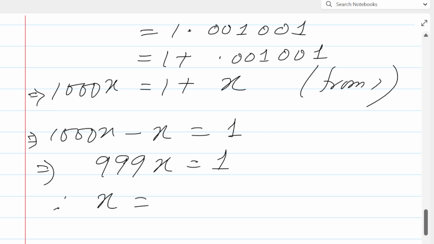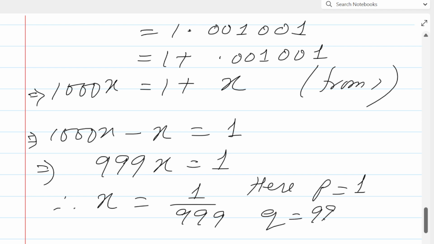Therefore x equals 1 by 999. Here p equals 1, q equals 999, which is not equal to 0. So this is my answer. Is it okay? Let's do question number 4.